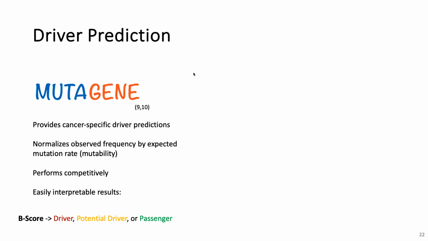The results that it provides are B-scores, which is basically like saying, what is the probability of observing a mutation at the observed rate given some background prior probability for this mutation to be mutated at whatever given rate. And from this B-score, we're able to use 2 different thresholds to divide mutations into driver mutations, potential driver mutations, or passenger mutations.